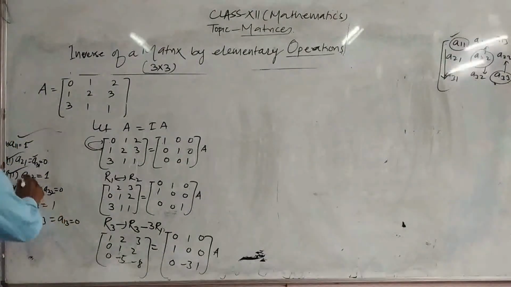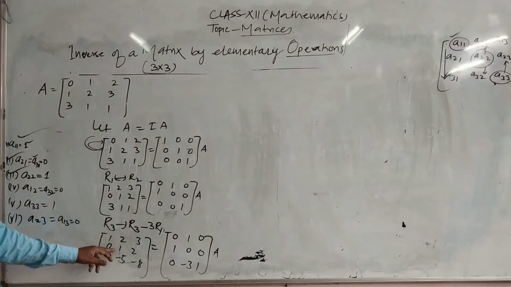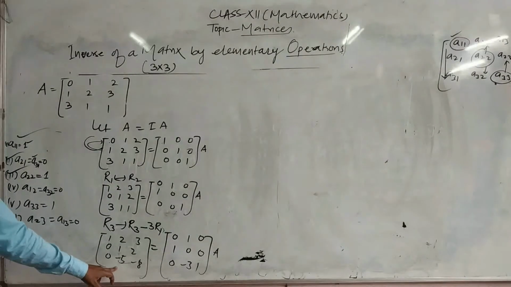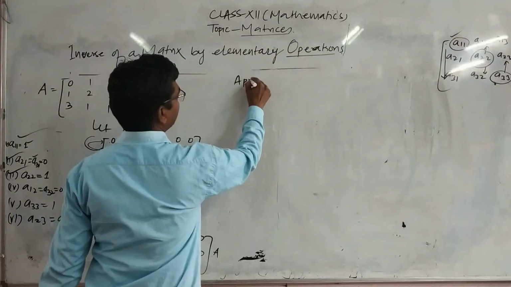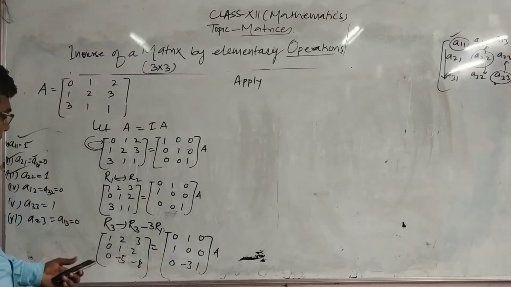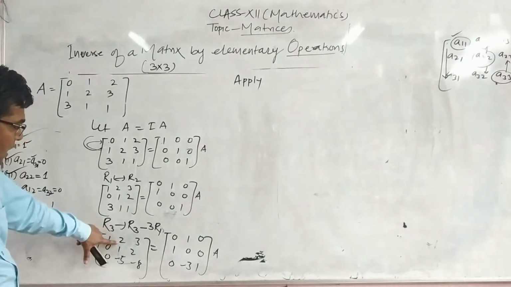After that we have to make the elements in column number 2 except A22 0. It means A12 and A32. Right? You can apply two operations at the same time. So what will you do?